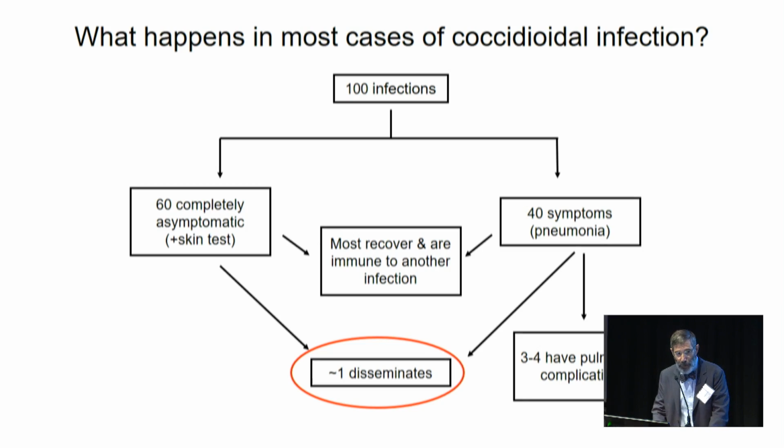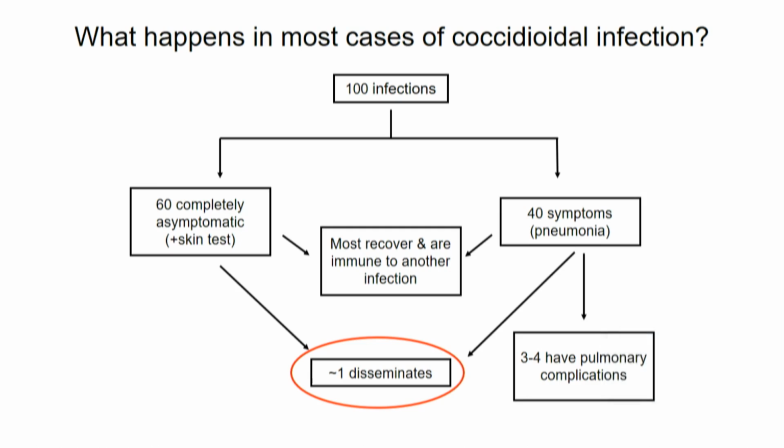I've purloined this from John Galgiani with one slight tweak, but I think it's a good way to think about this. Out of 100 infections, 60 individuals are going to be completely asymptomatic, and if we measure their cellular immune response, say by intradermal injection of an antigen, skin testing, or a cytokine release assay, it will be positive. 40 will have this pneumonia syndrome. 3 to 4 of those will have complications, but most will recover and remain immune.